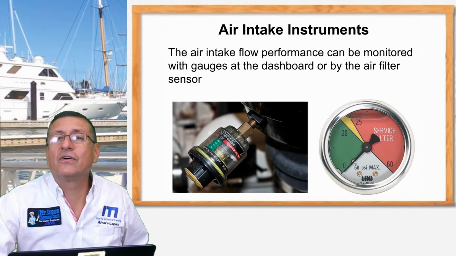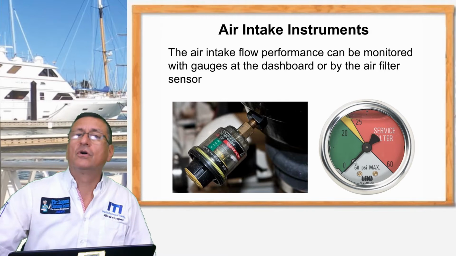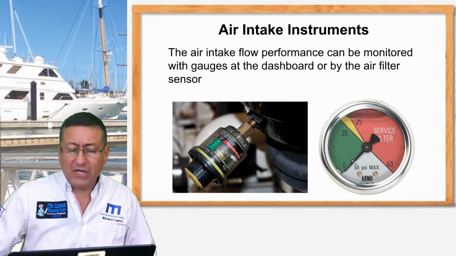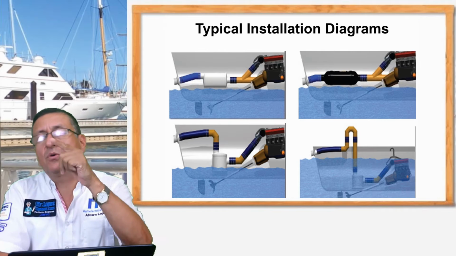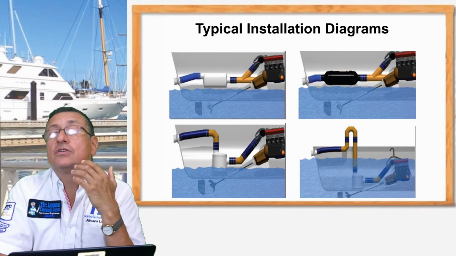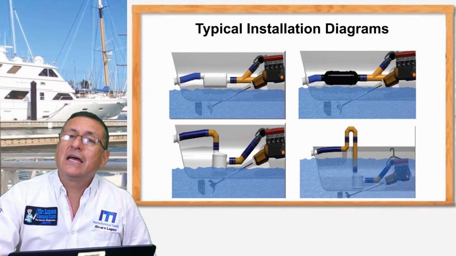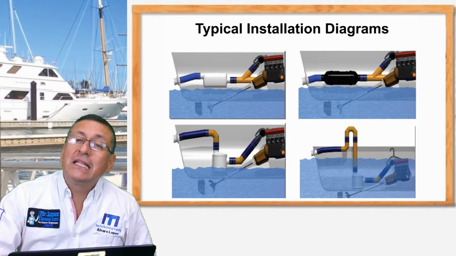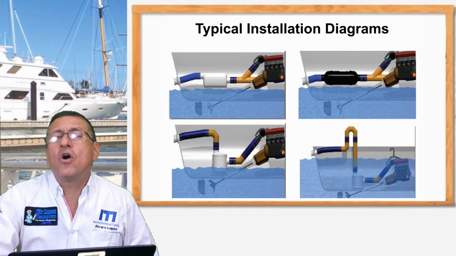The color of that sensor indicates the condition of the filtration element inside of the air filter. Okay? And now I want that you analyze in your boat, in your engine, the exhaust pipes. I want that you verify if that engine is located below the water line or over the water line.